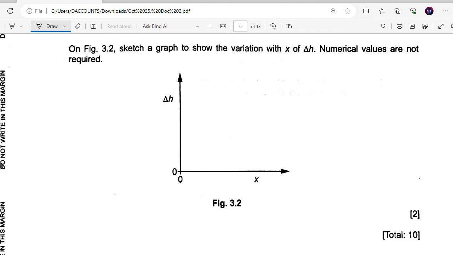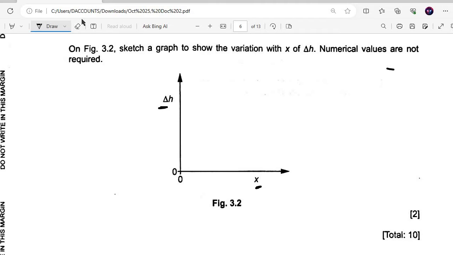Okay, in this case, like they said, elastic potential energy is equal to kinetic energy. No, in this case, this will not work. The graph is change in height against x.